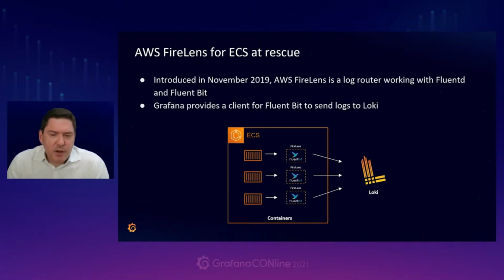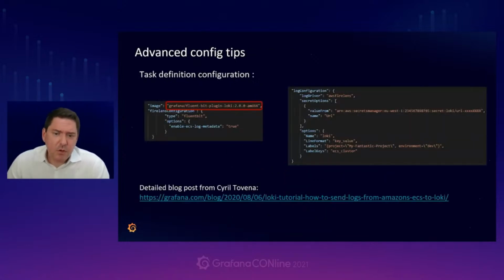So AWS FireLens is a log router working with FluentD and FluentBit. And the good news is that Grafana provides a client for FluentBit, and we're simply going to take advantage of it. So here is our basic configuration.